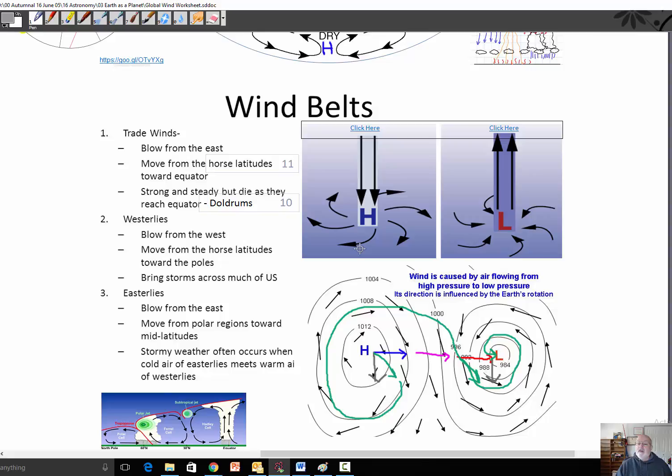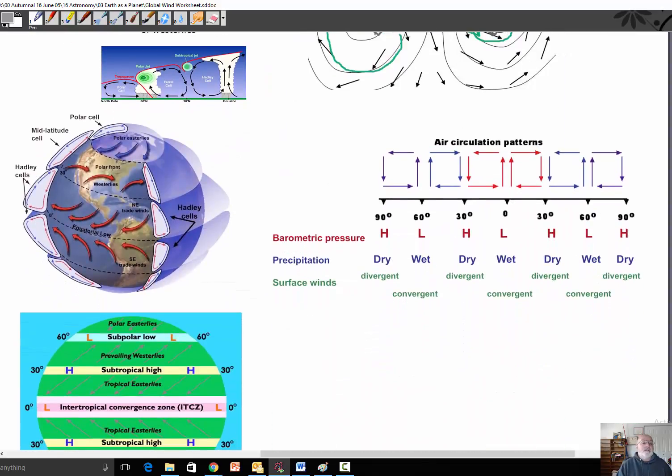And then I think if we scroll down, you can see all that stuff again. You can see the pressure belts here and the wind belts up there. You can see low-level convergence, high-level divergence, and clouds giving us wet weather. Upper-level convergence, lower-level divergence, bringing dry air, so the clouds, if they're there, are not near as big, not near as high, not near as much water.